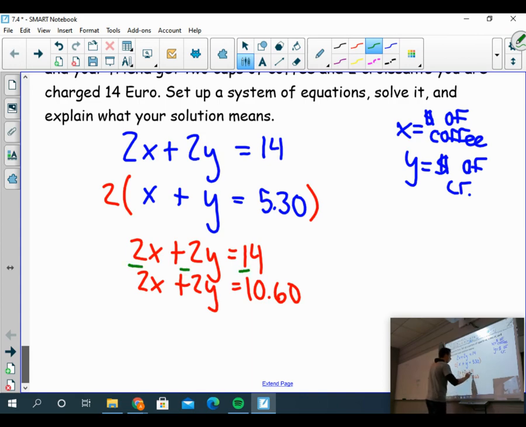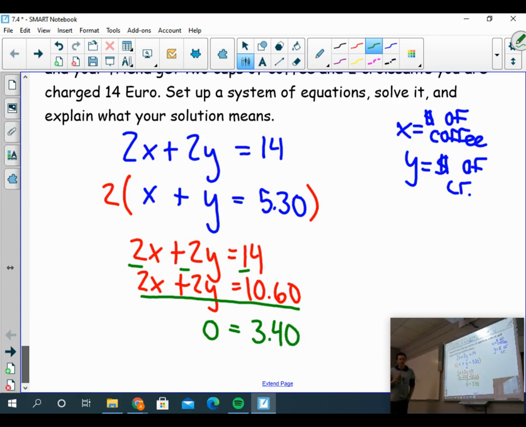Usually we only line up one, but in this case, both our x's and our y's have lined up. So that when I subtract, I get a really weird situation. When I go ahead and subtract, both my y's and my x's cancel, so my entire left side turns out to be 0, and my right side turns out to be 3.40.